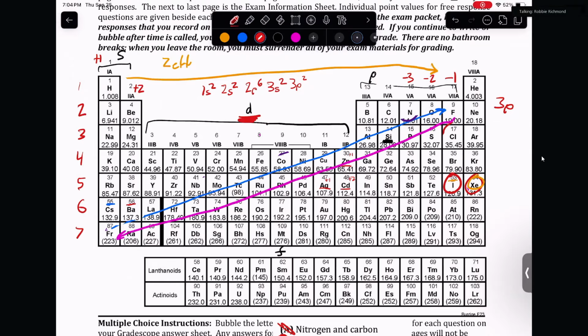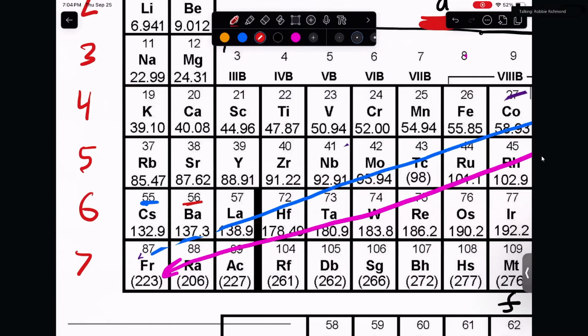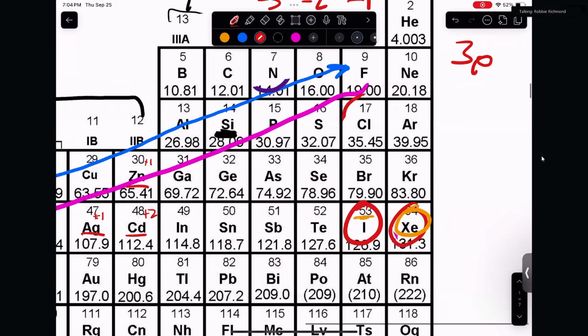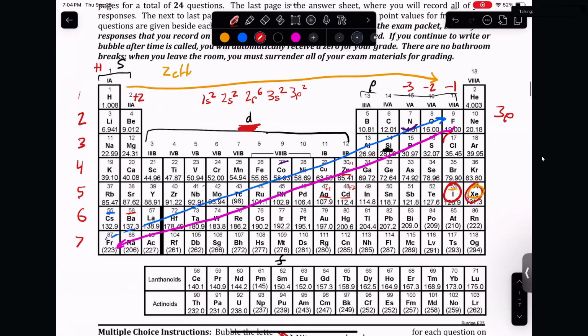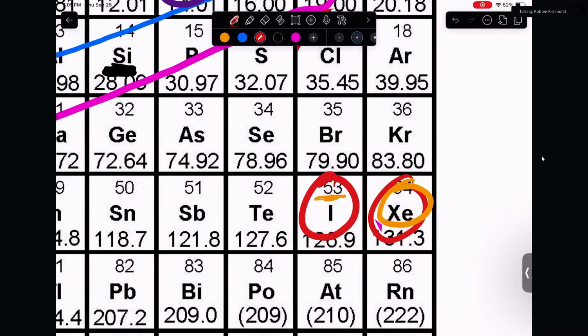Barium has 56 protons, cesium has 55 protons, and iodine has 53 protons. When we calculate effective nuclear charge, it is basically protons minus the core electrons. If we have the same amount of core electrons for xenon because they're all isoelectronic, the only differentiating factor is how many protons we have.